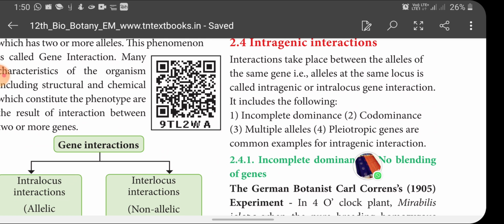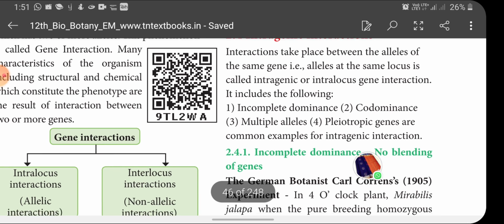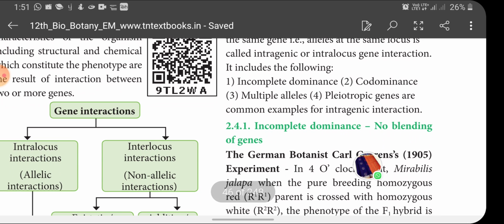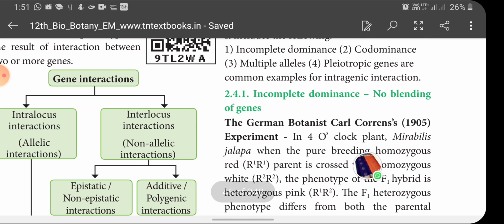When the interaction takes place among the alleles of the same locus, it is called intragenic interaction. It is divided into four types: incomplete dominance, codominance, multiple alleles and pleiotropic genes.